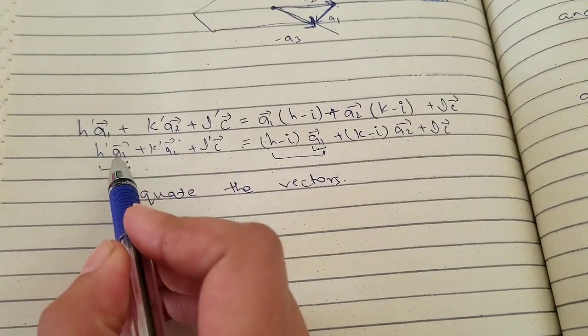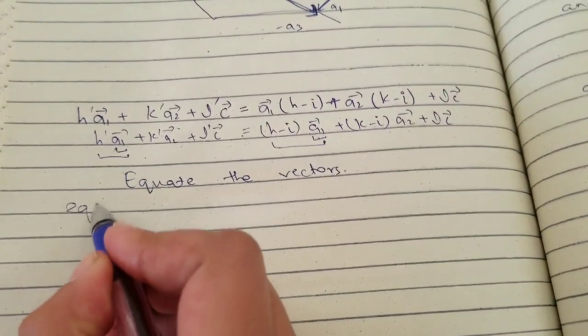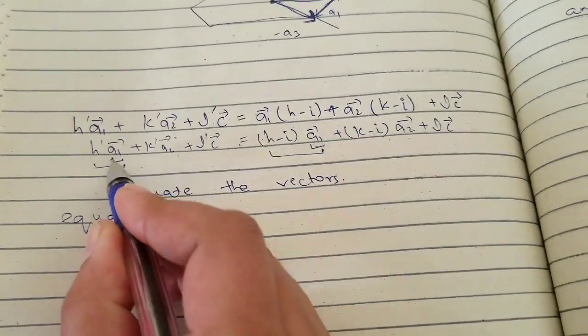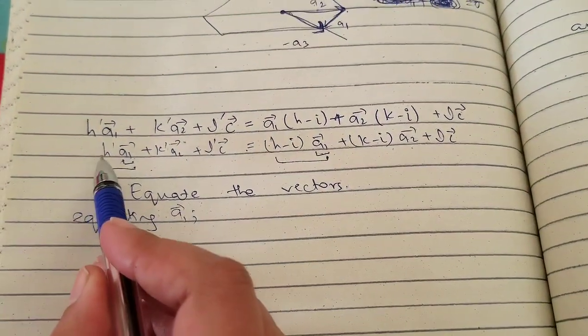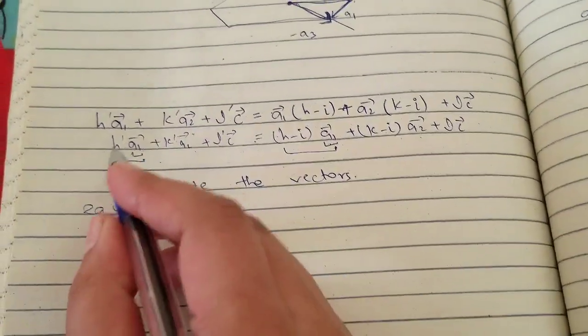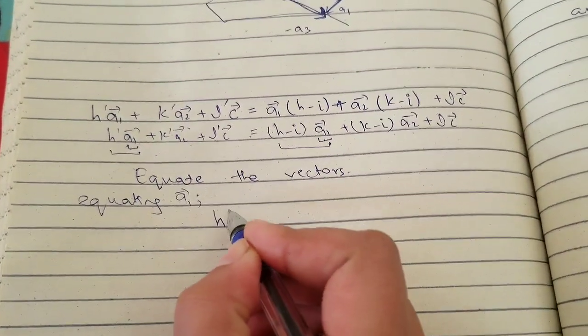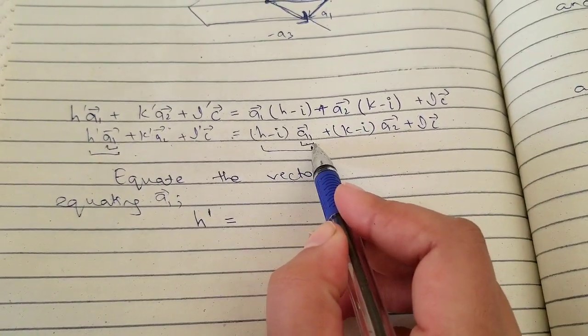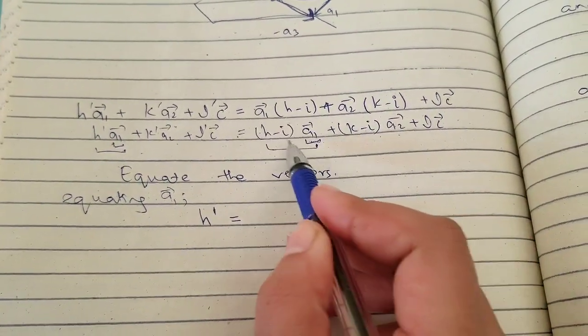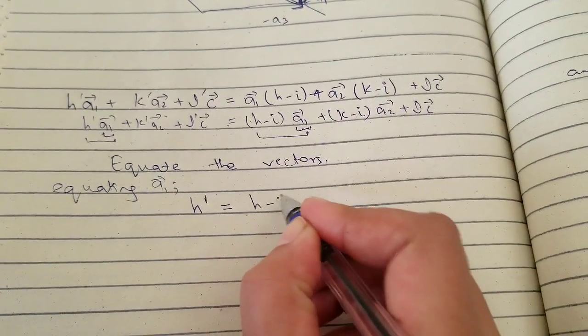Equating a1 vector, we will equate one by one. The coefficient of the a1 vector on this side of the equation is h prime, and that should be equal to the coefficient of the a1 vector on the other side of the equation, which is h minus i.